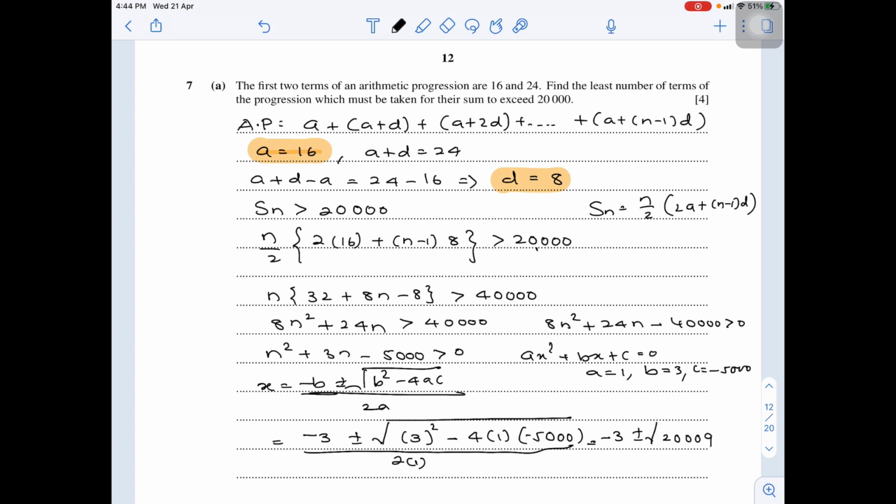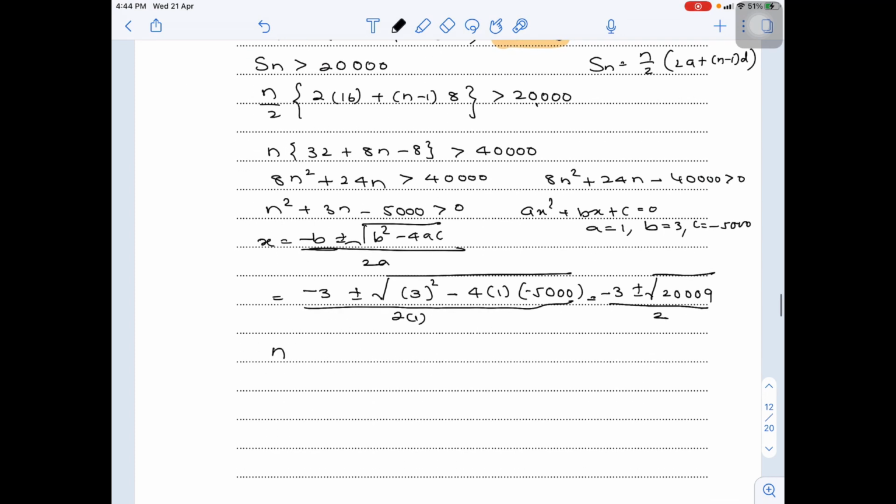So that's negative 3 plus or minus square root of 20,009, over 2. So I can write n is 69.2 or n is negative 72.2.